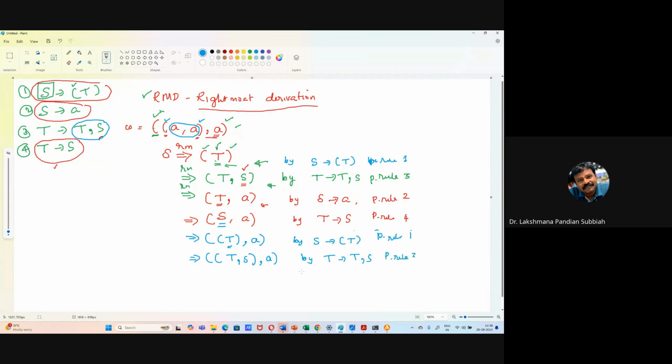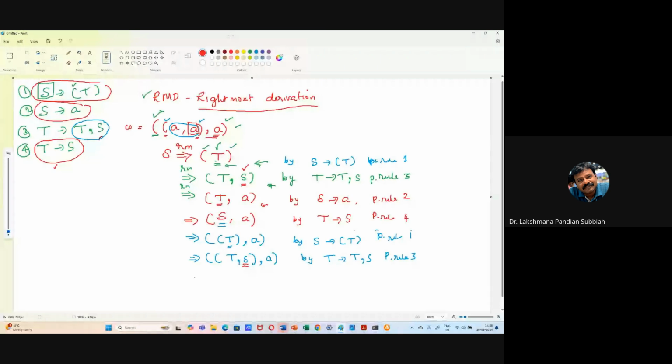Next, the rightmost we are having now is S. The rightmost is S, so that S, here we want to generate this A. You want to generate this A, right?